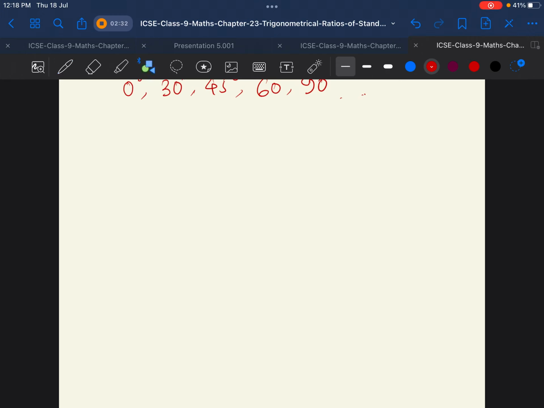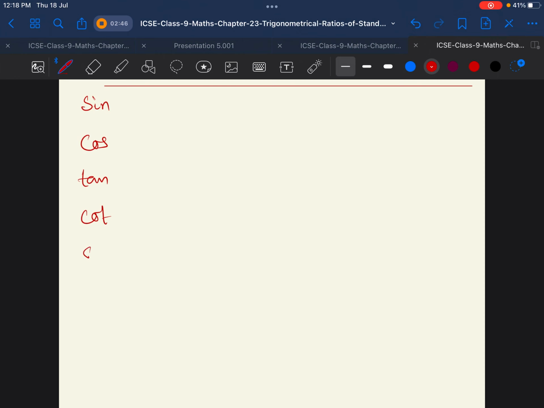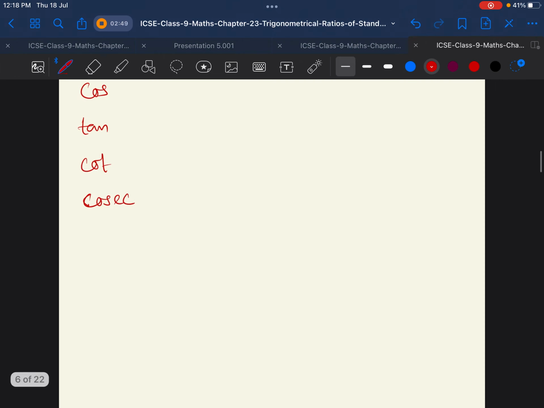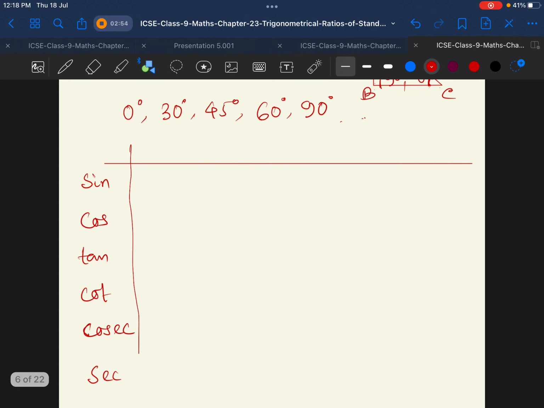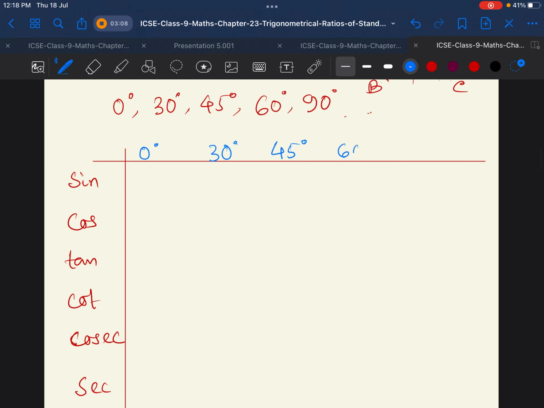Now we draw a table. First we take sine, cos, tan, cot, cosec and sec. Then we take 0 degree, 30 degree, 45 degree, 60 degree and 90 degree.